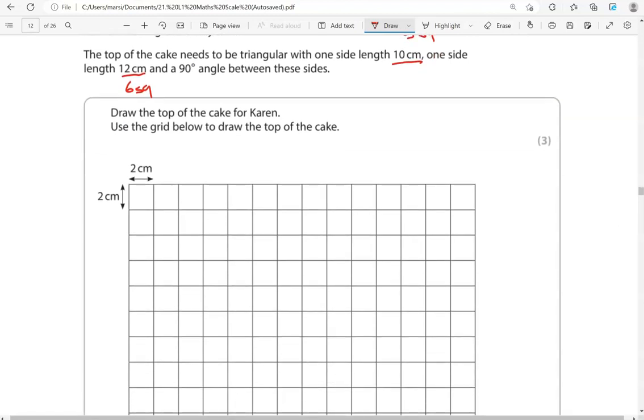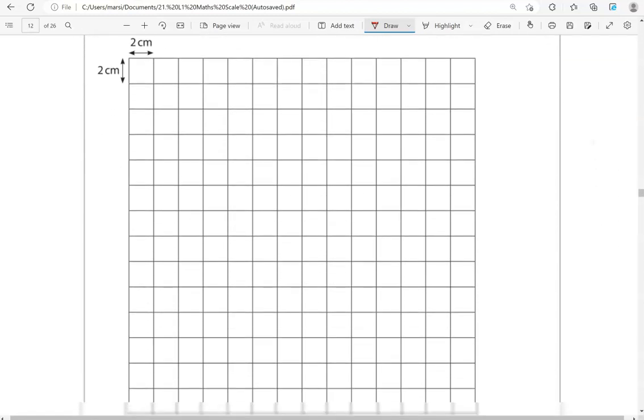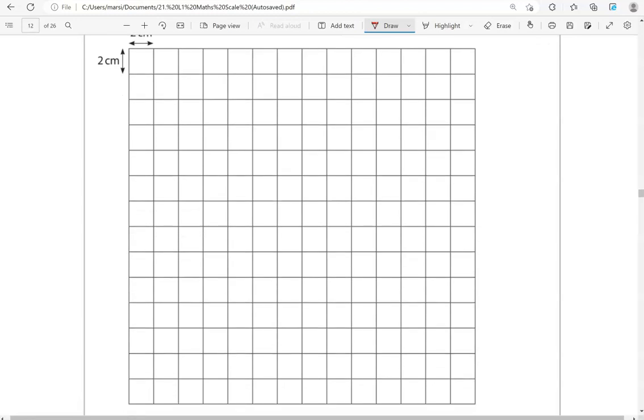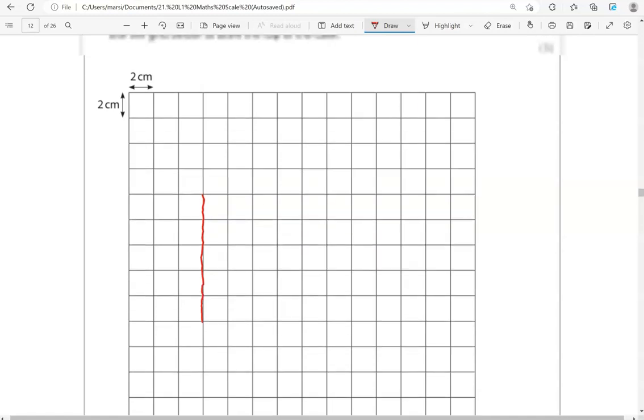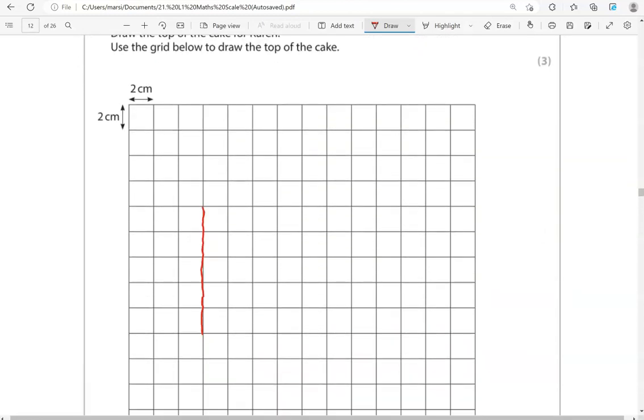So if I start by showing the first one, 1, 2, 3, 4, 5, then there will be a right angle, so 90-degree angle in the middle. So that will go like this. Then we'll have 1, 2, 3, 4, 5, 6.